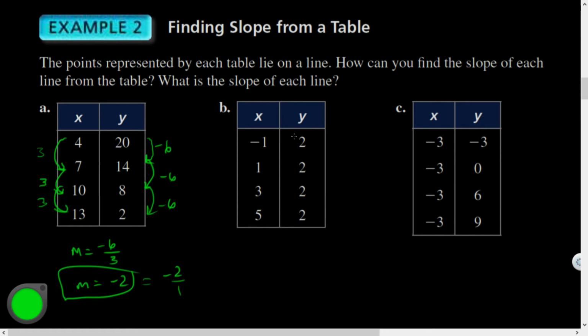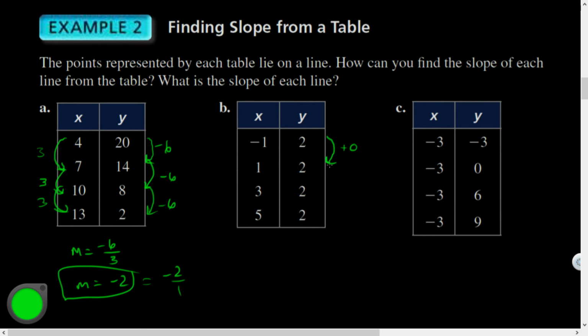All right, look at part B here. What is going on here, friends? Well, you can have negative x coordinates. Because 20 to 14, it went down by 6. Okay, what's the rise here? What's this changing by? Yeah, 0.